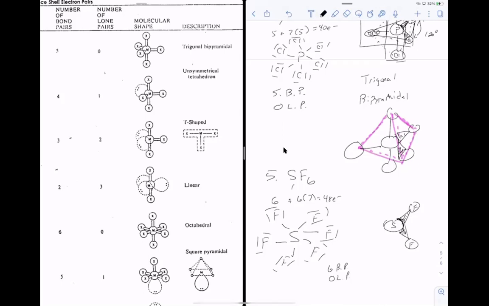Fluorine. So now what you'll see is these equatorial ones are all in one plane and they take on the shape of a square. So these are 90 degrees.